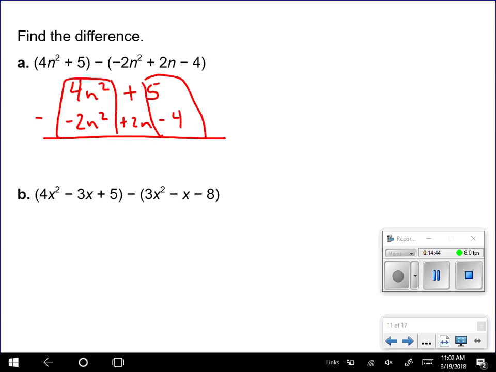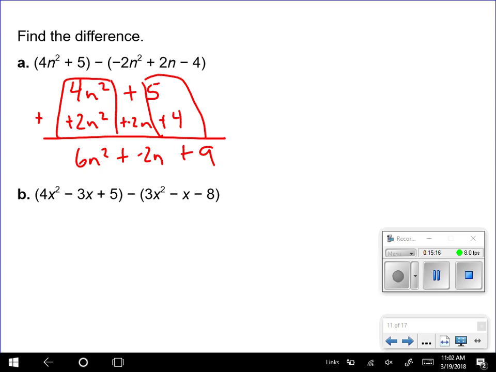Nothing's really going to be affected here, but now I'm subtracting, so I have two options. I can really think through the subtraction, or I could say plus, and I could change every sign inside here. Up to you how you want to do that. We got to make sure you follow your integer rules. So 4n squared plus 2n squared would give me 6n squared, plus negative 2n, or minus 2n, because we don't have another one of those, and then plus 9.